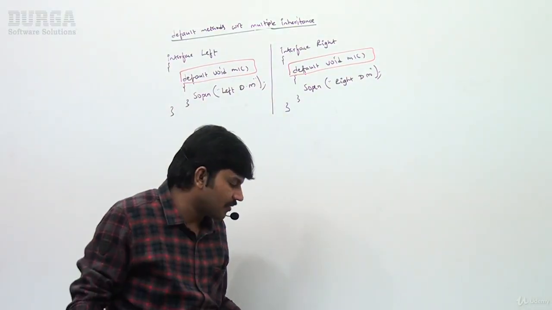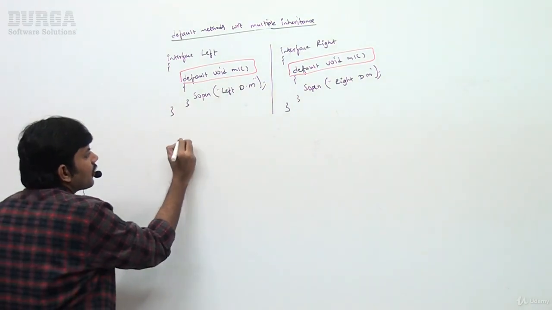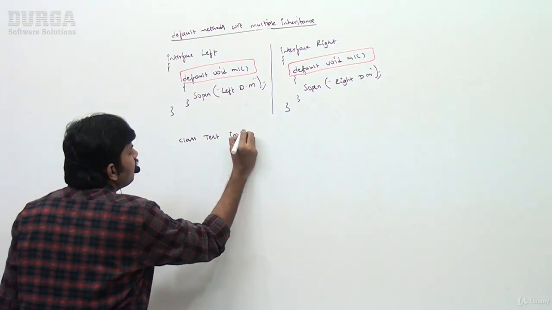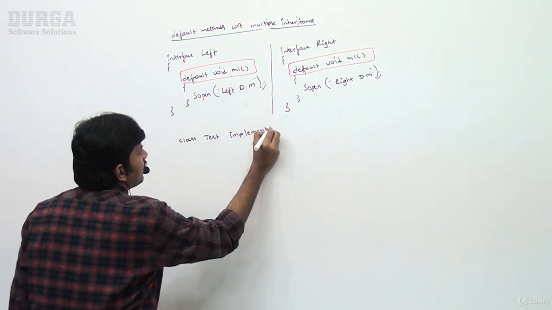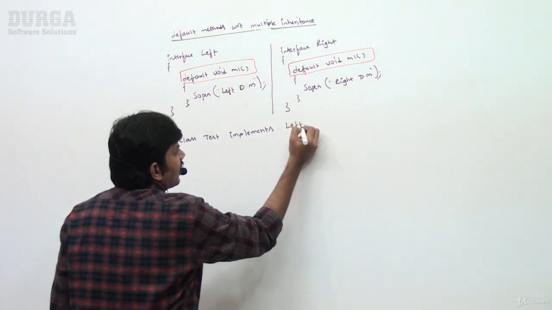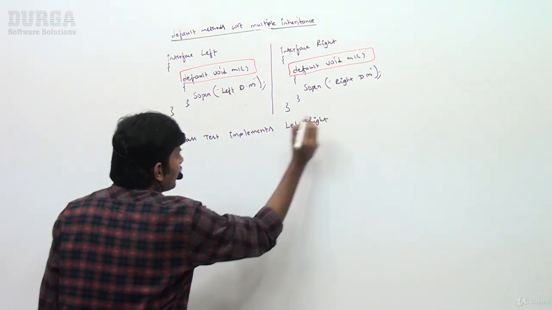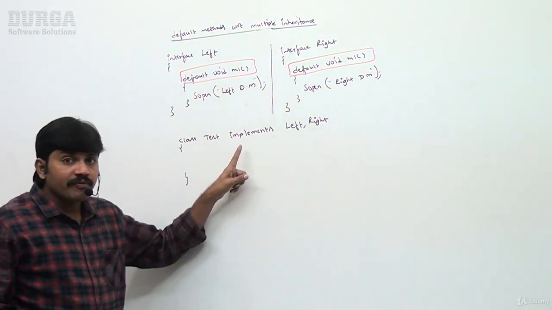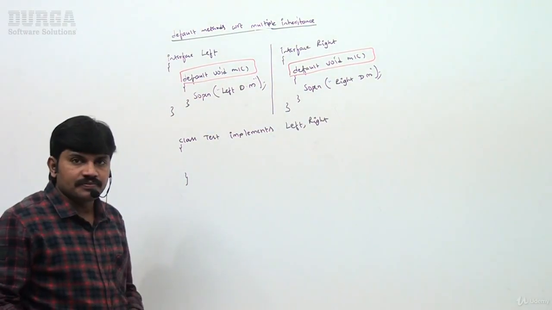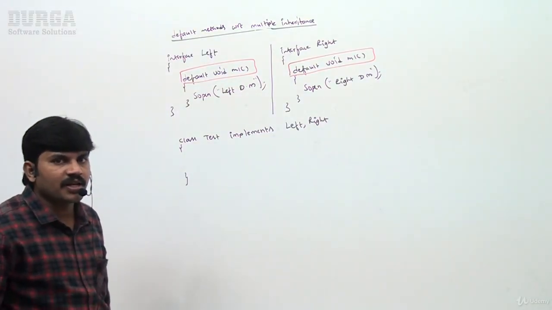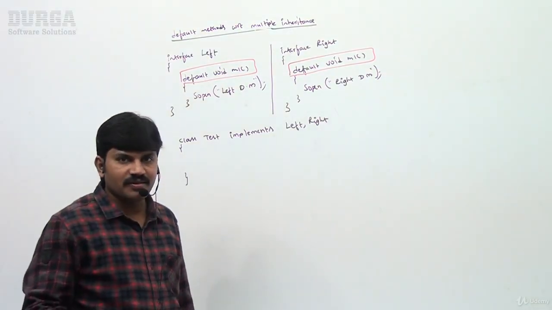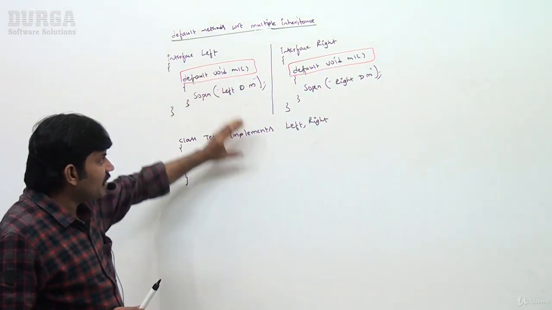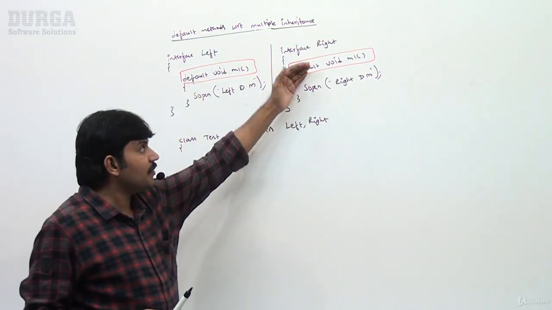Take special care. Now I am writing class Test implements Left, Right. Whenever I am implementing Left and Right, immediately the compiler will give an error, because this m1 is coming from Left and this m1 is coming from Right.